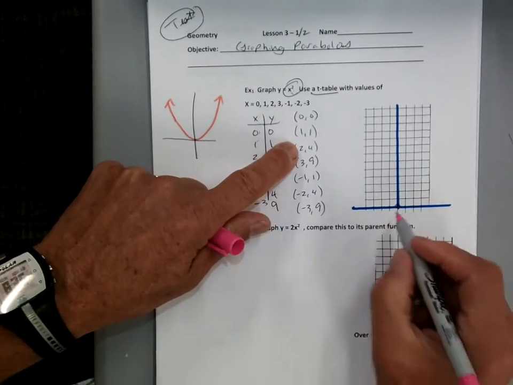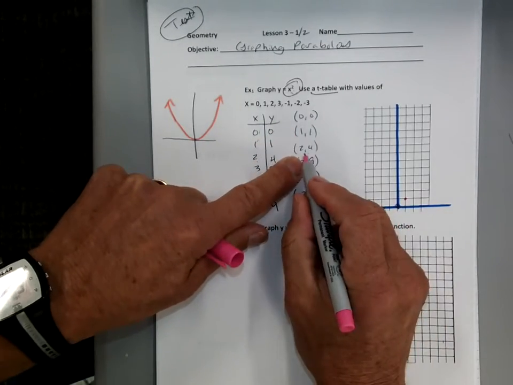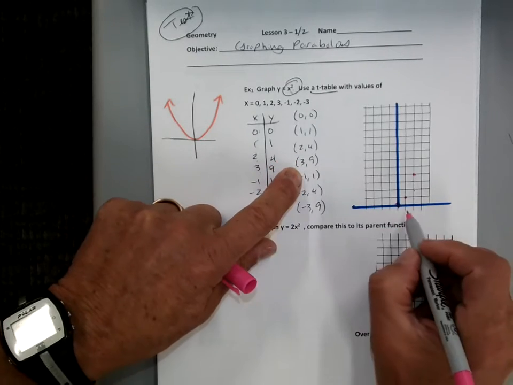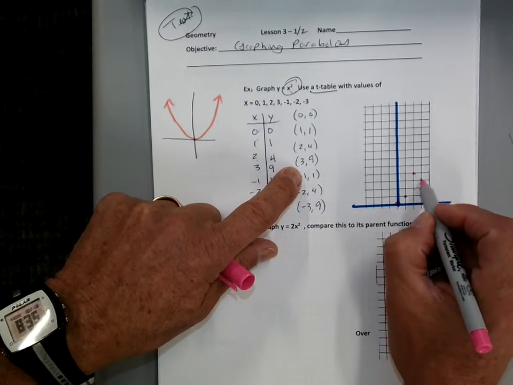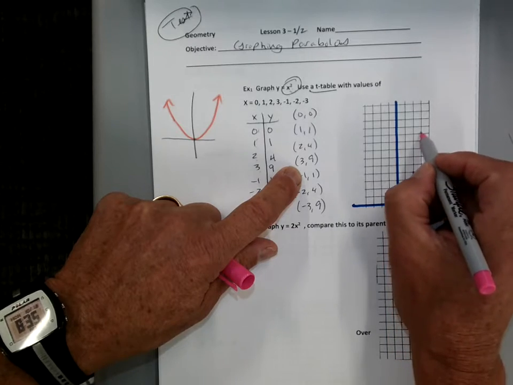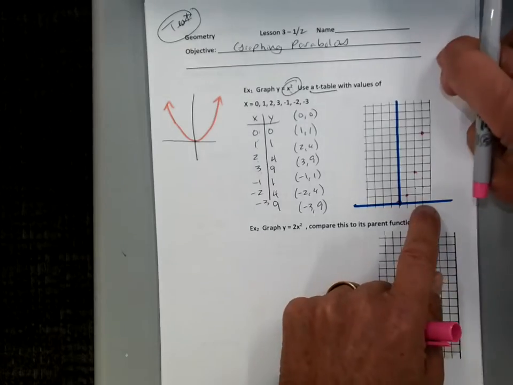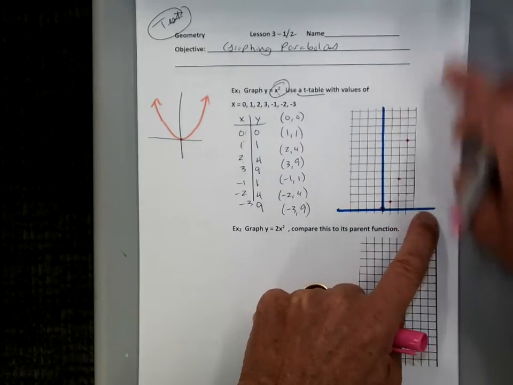0, 0. 1 over 1, up 1. 2, over 2, up 1, 2, 3, 4. Over 3, 1, 2, 3, up 1, 2, 3, 4, 5, 6, 7, 8, 9. Okay? And it keeps going. 4, 16, woo, way up there. 5, 25, woo, way up there.